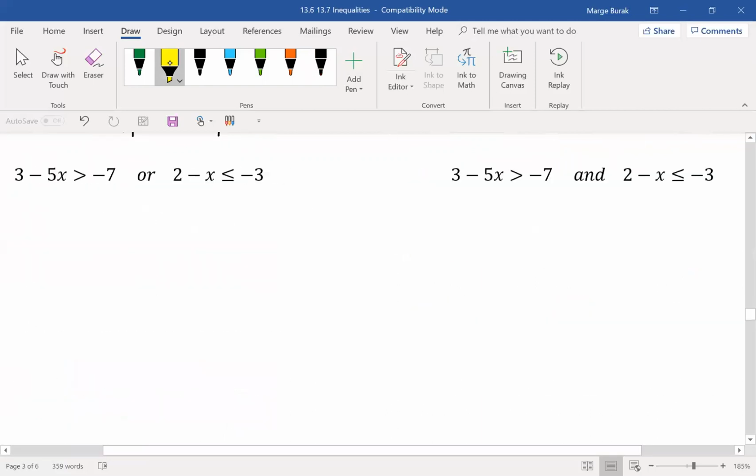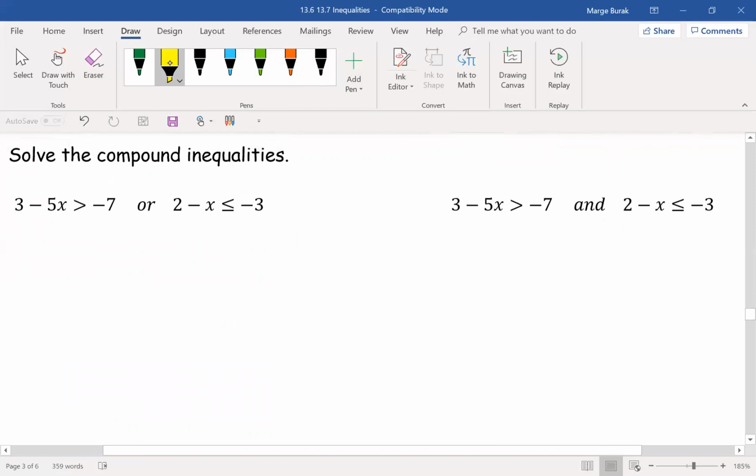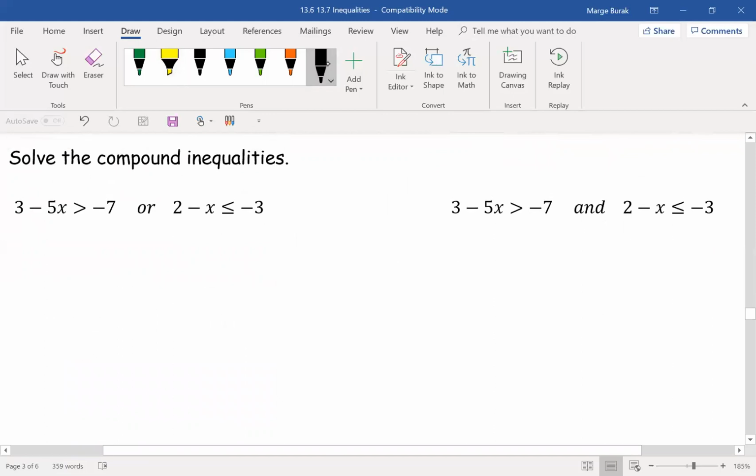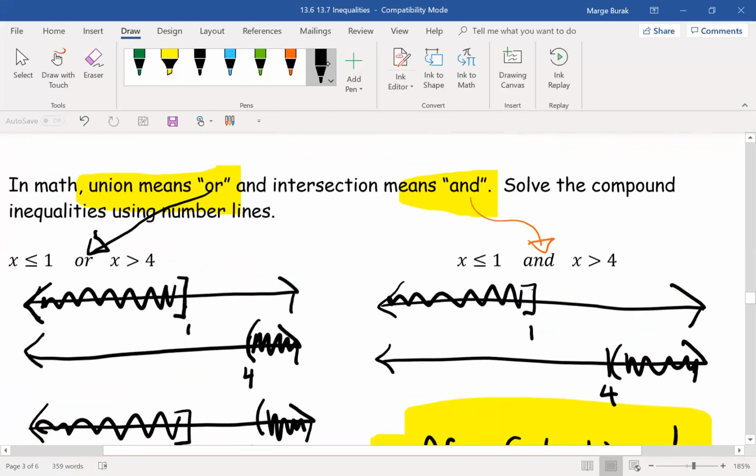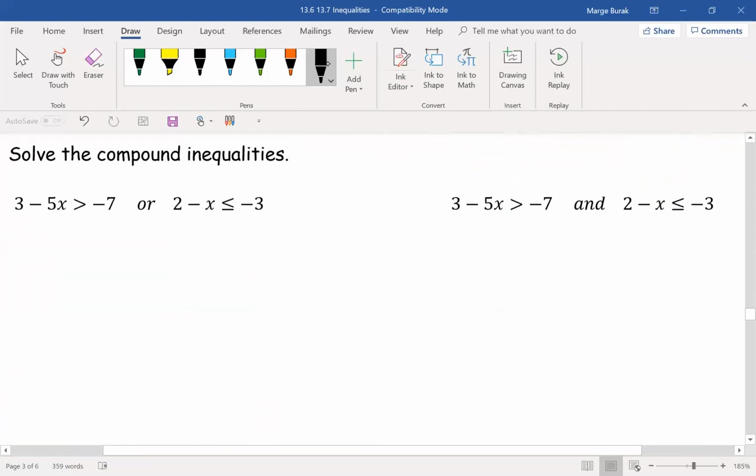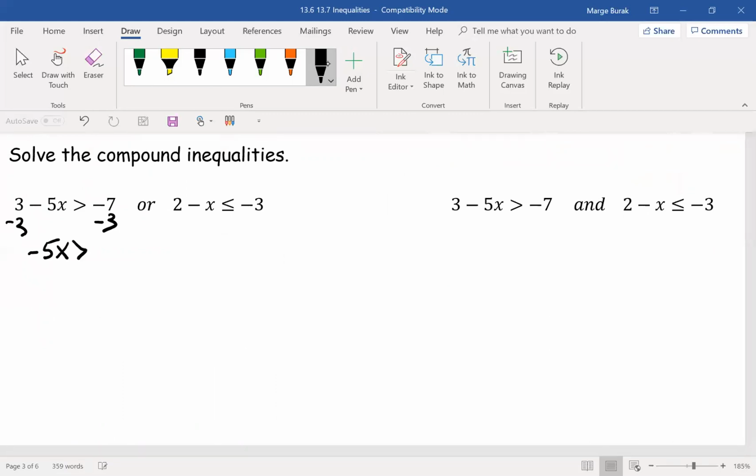Okay, let's do another one. These are a little bit different because I have to get the x by itself first, and then I'll do exactly what I did right here. So we will subtract 3. We'll get negative 5x is greater than negative 10. When I divide by a negative 5, what happens to my sign?